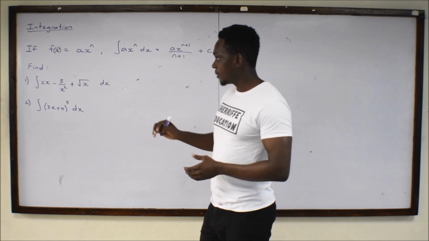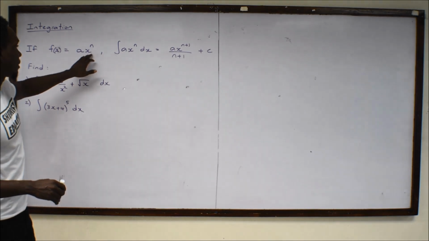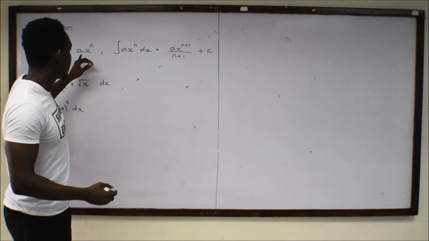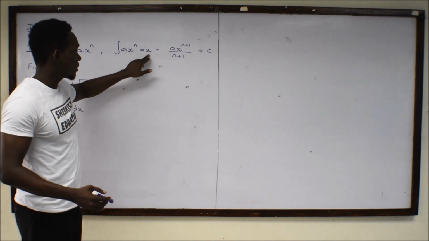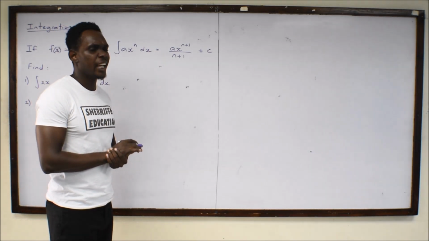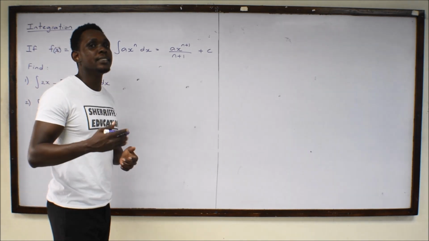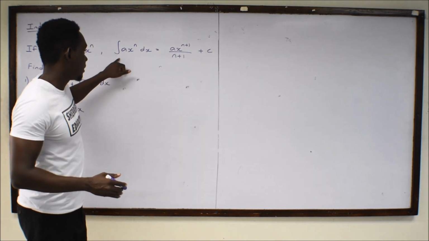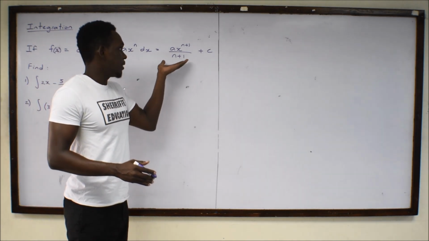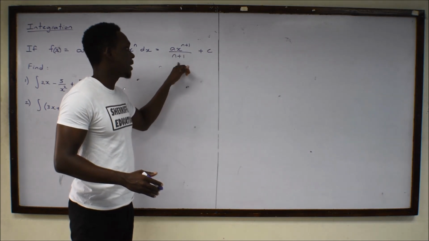If we have some function f of x equal to x to the n, then integrating ax to the n with respect to x, and this symbol here, which almost looks like an elongated s, tells us that we are integrating, is simply ax to the n plus 1 divided by n plus 1.